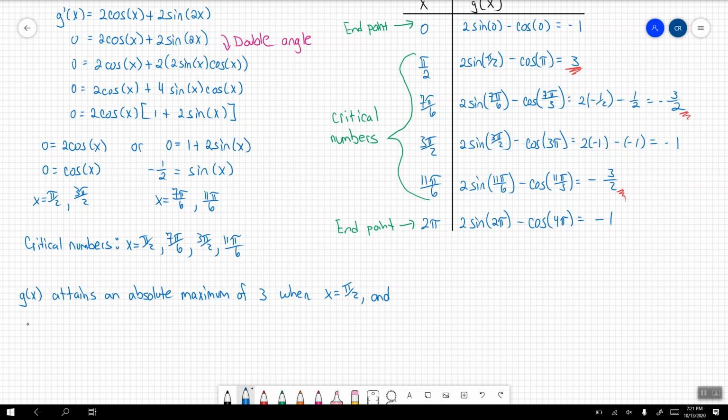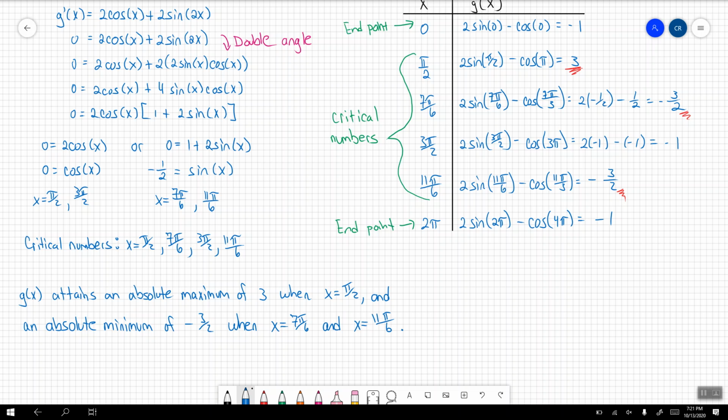And an absolute minimum of -3/2 when x is equal to 7 pi 6, and x is equal to 11 pi 6.